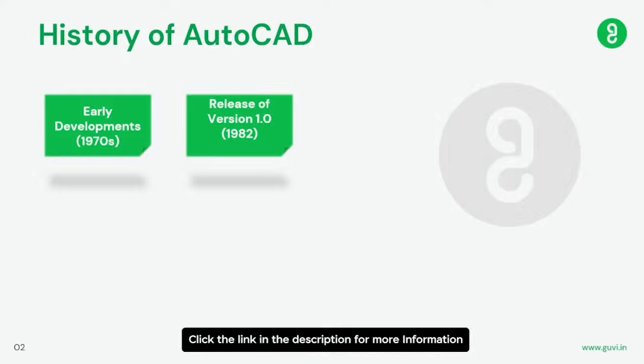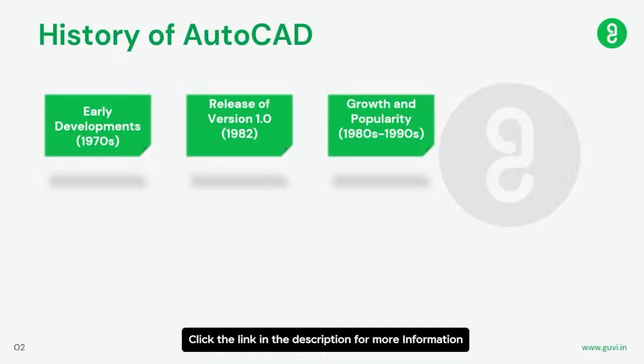AutoCAD 1.0 introduced features like entity snapping, layers, and the ability to save and load drawings. AutoCAD gained popularity rapidly in the 1980s and 1990s due to its user-friendly interface, powerful functionality, and compatibility with various hardware platforms.